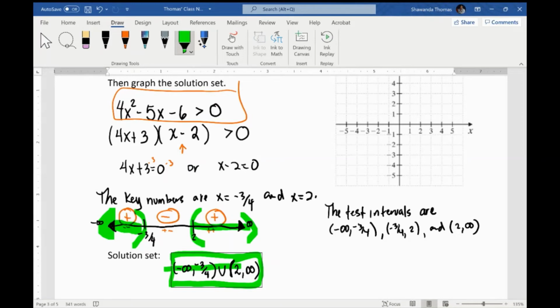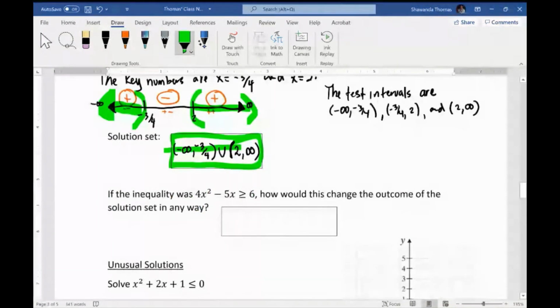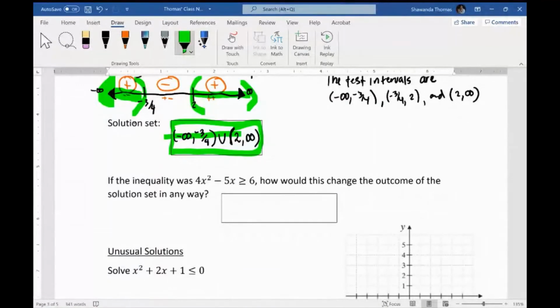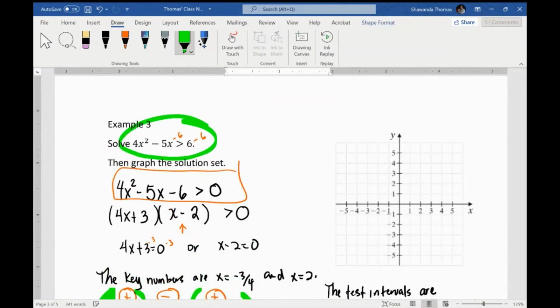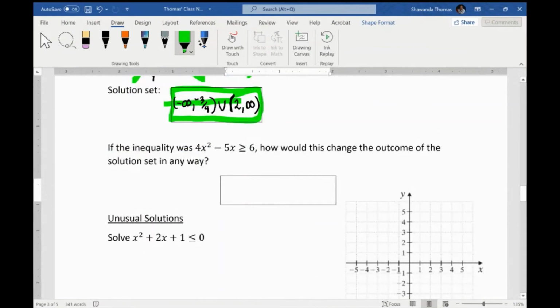All right. So I asked this question to see if you get it. Other than Alicia, Kenneth, and Akira, somebody else tell me. If the inequality was 4x squared minus 5x greater than or equal to 6, so basically this, but a slight change, how would this have changed the outcome of the answer?